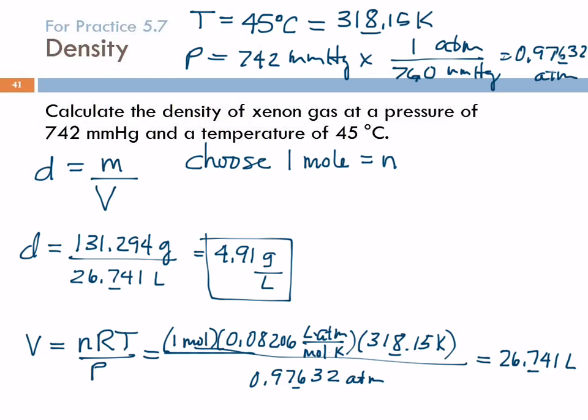Could we have used that equation on the previous slide? Sure we could have. I prefer to just use PV = nRT and the density equation and think about it, because that's less stuff to memorize. It's more accurate too if we do it this way. I think it does end up perhaps being a little more accurate, because if you screw up that equation, you're definitely going to mess things up.